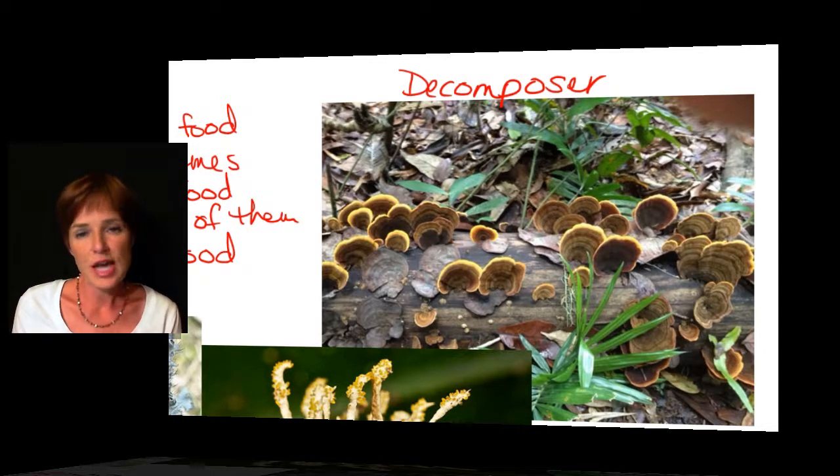That's what you see happening in this first picture here. These are shelf fungi, and they are digesting a fallen log. They secrete the enzymes so that they can digest that woody material. And then once it's digested sufficiently, they absorb the nutrients from that. And that's a very important role for us ecologically.